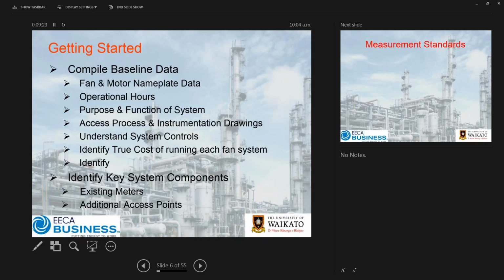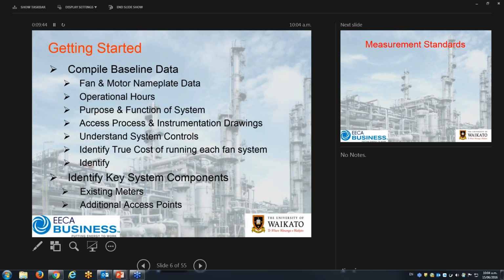Getting started, before you even begin to take measurements, we need to think about what the actual system is. So we're going to start by compiling some baseline data. You'll have fan and motor nameplate data, a sense of operational hours, and an understanding of the purpose and function of the system.